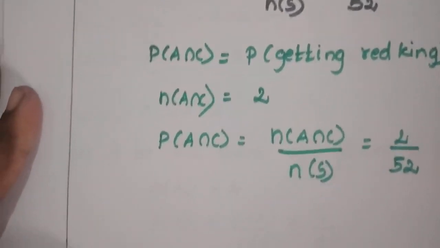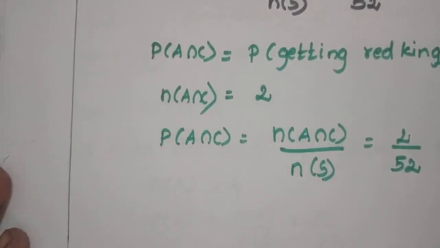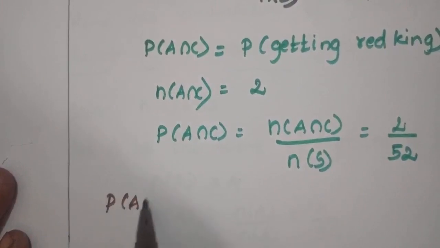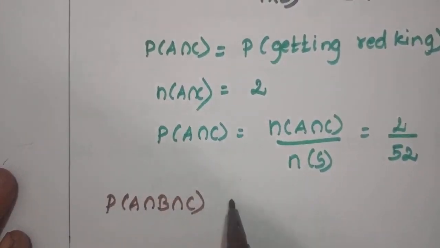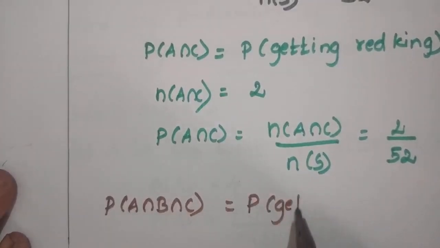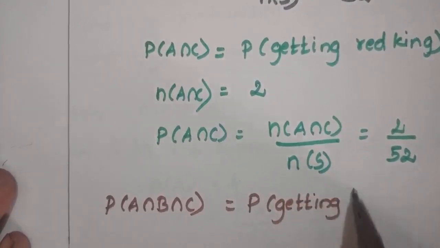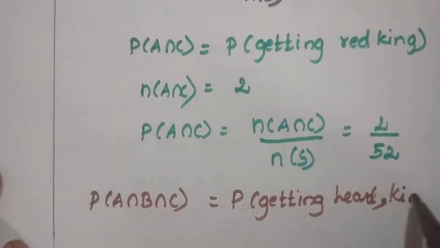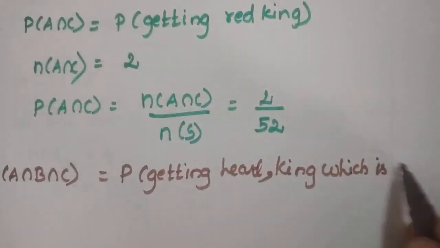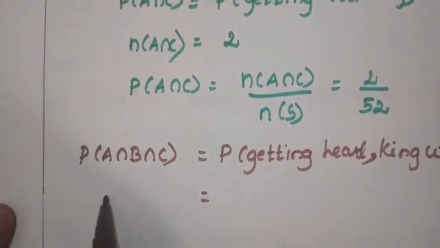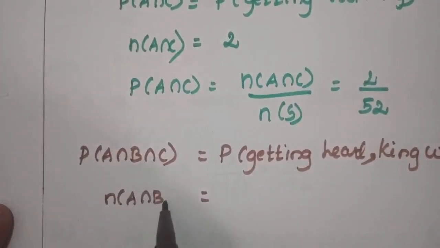The last one we have to find is the probability of A intersection B intersection C, that is common between these three. Probability of getting a heart, king, which is red, or you can write it as red king. Then what will be this n of A intersection B intersection C?